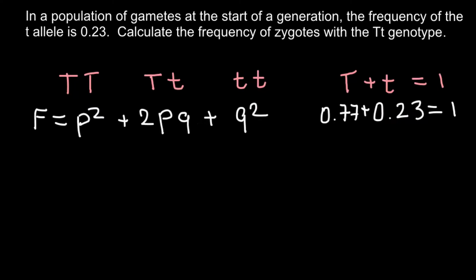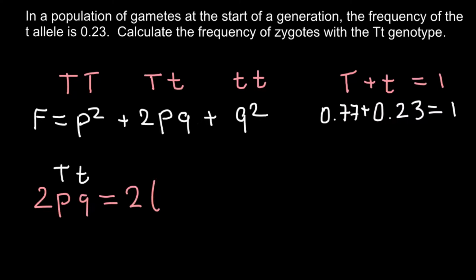Now we can solve our problem in order to find the frequency of this heterozygous genotype. So let me write down this part of the formula, 2pq, which stands for the heterozygous genotype, capital T and small t. We have to multiply 2 by number p. In our case, p is dominant T, and q stands for the recessive t.